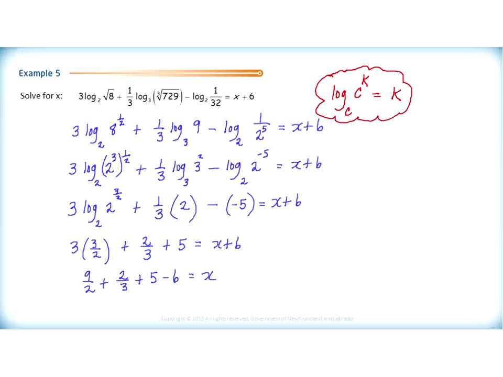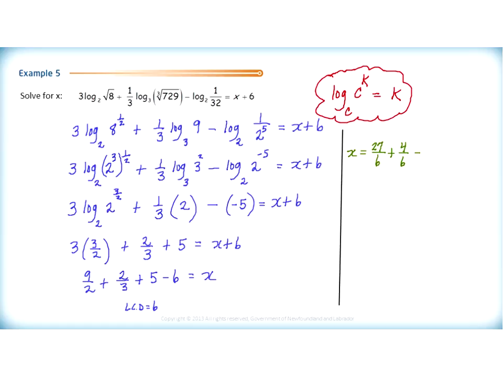So then we have 9 over 2 plus 2 over 3 plus 5 minus 6 is equal to x. We can solve for x by finding the lowest common denominator, which is equal to 6 in this example. So continuing up on the other side of the screen, we would have x is equal to, if 6 is the common denominator, 27 over 6 plus 4 over 6.